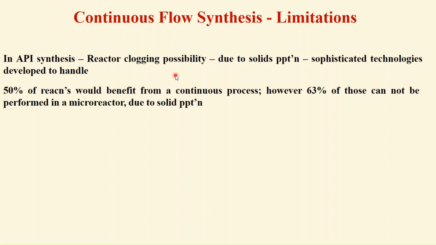It is said that 50% of these reactions are possible by continuous process in an efficient manner. But however, 63% of these possible reactions cannot be performed through microreactors due to solid precipitation.